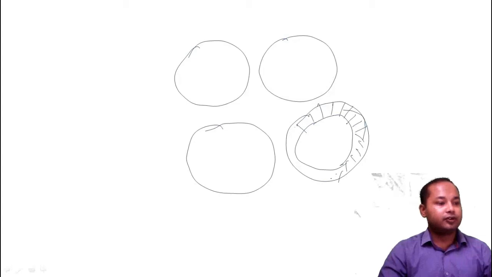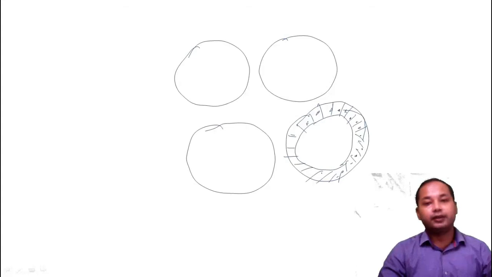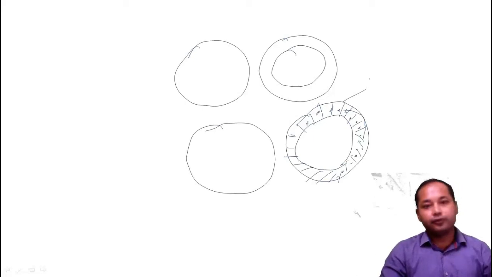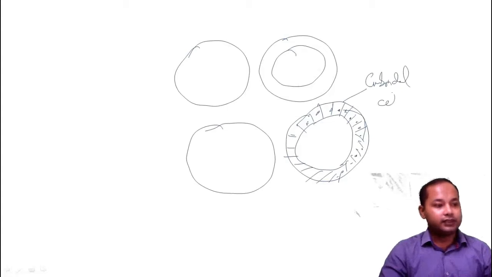I say cuboidal to columnar because in the secretory phase, when they are metabolically active, they are columnar and increase in size, and when there is not much secretion, they are cuboidal. Okay. So what I am drawing here are cuboidal cells, and this is a thyroid follicle, inside which you will find the colloid. Okay. This is a matrix, this is called the colloid.